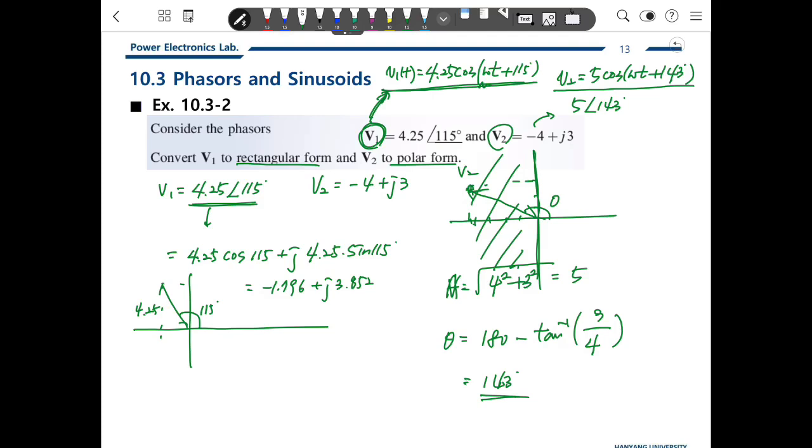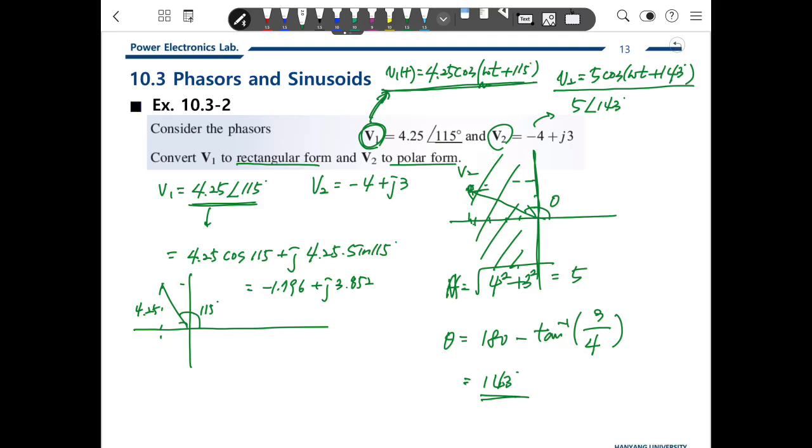That means when we analyze the electric circuit, we don't need to care about the frequency. Why? Because frequency is fixed.